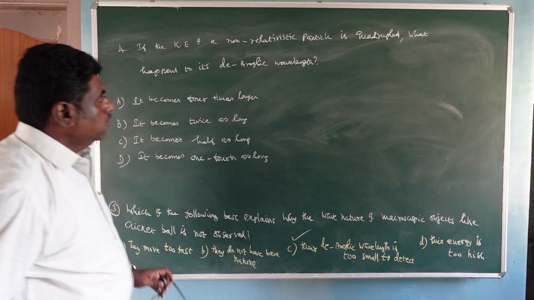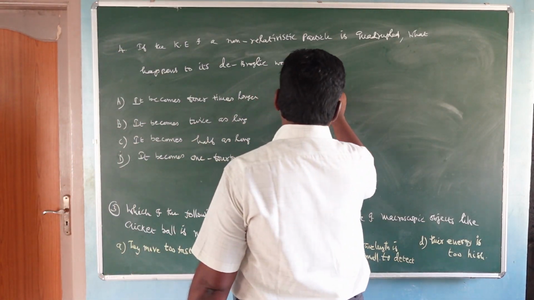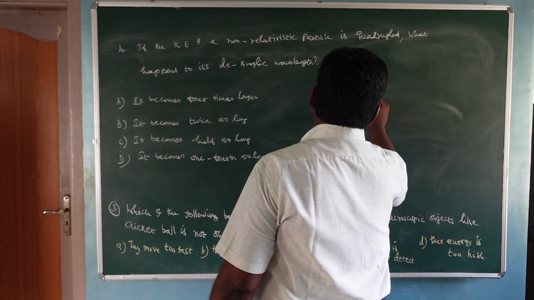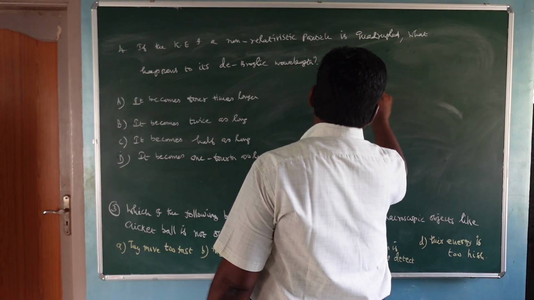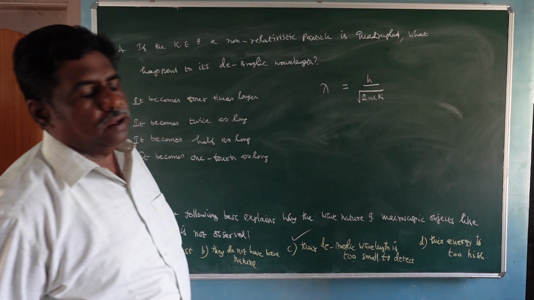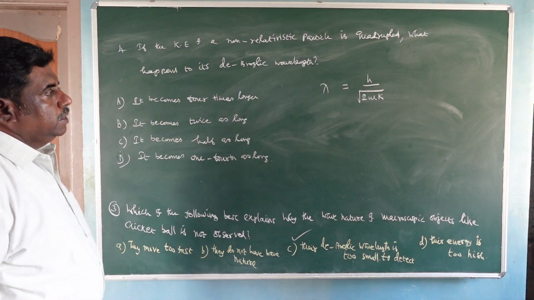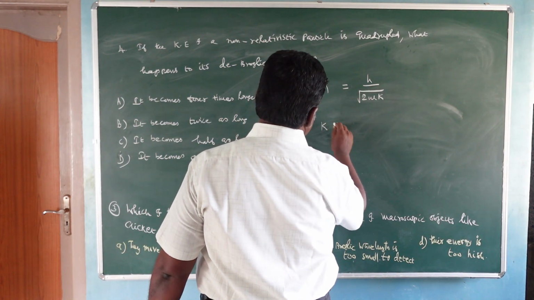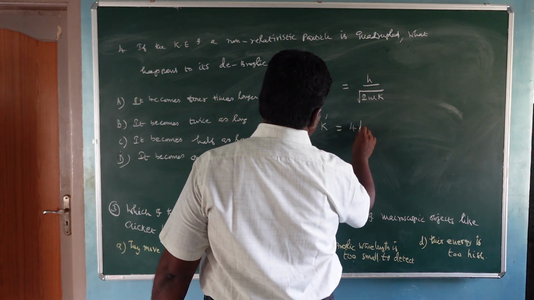We know the formula for de Broglie wavelength in terms of kinetic energy: lambda equal to h divided by root of 2mK. Now the kinetic energy is increased fourfold.